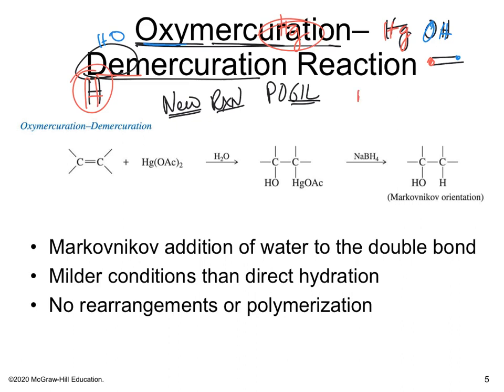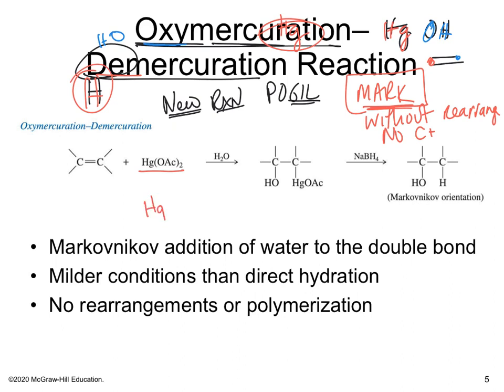And then demercuration, we're going to remove the mercury and replace it with just a hydrogen. And this is going to give us a Markovnikov addition without rearrangement. If we have no rearrangement, that means we do not have a carbocation. So how does this work? Well, mercury acetate. Mercury is really like a 2+ here.